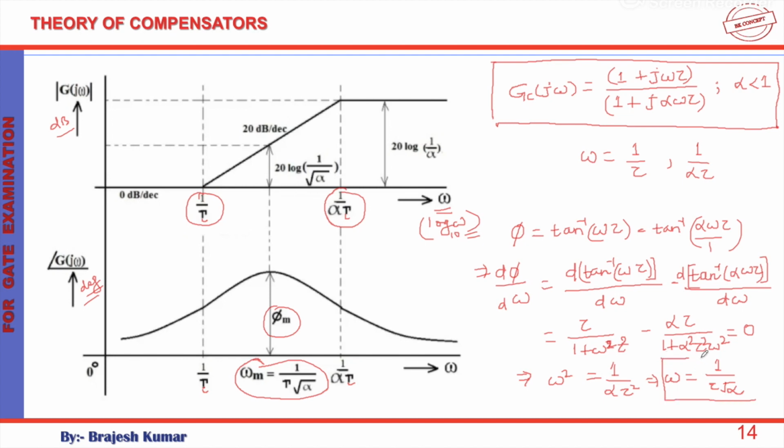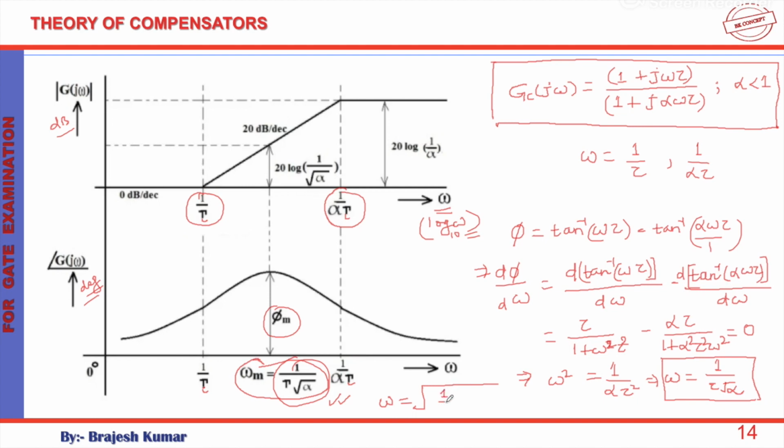Okay, so now we have just verified this claim. At this frequency omega, equal to 1 upon tau root alpha, the value of phase will be maximum. What is special? What is symmetricity about this? If you rewrite this particular value 1 upon tau root alpha, I'm just taking this tau inside and rearranging.